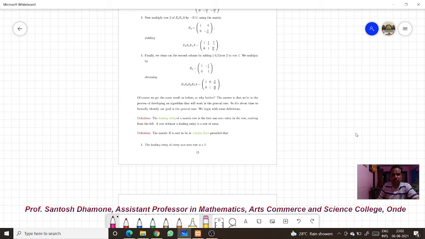Then E2 E1 into matrix A is equal to 1 0 minus 2 1 into matrix E1A, which is 1 4 by 3 5 by 3 minus 2 1 0. What do we get by solving?